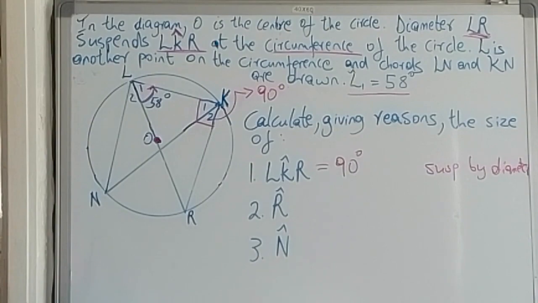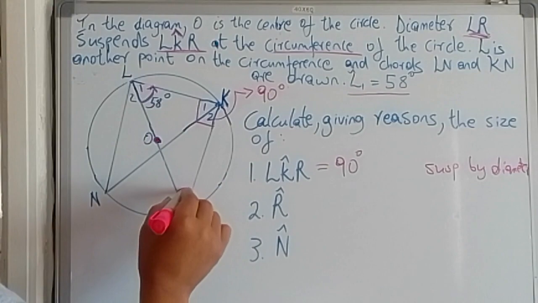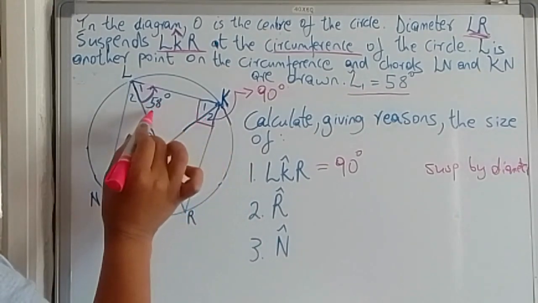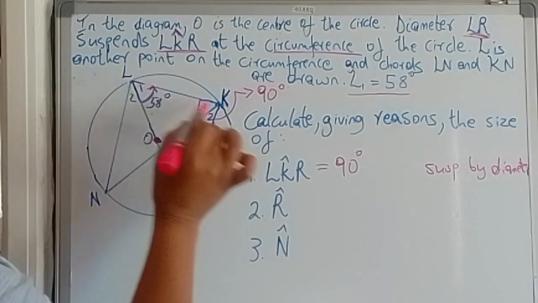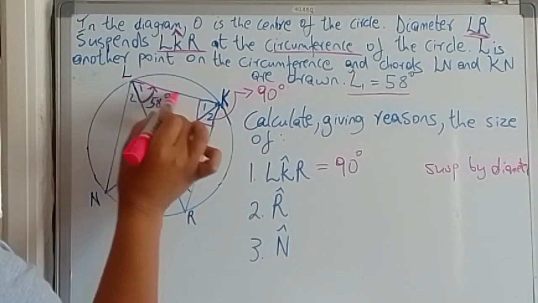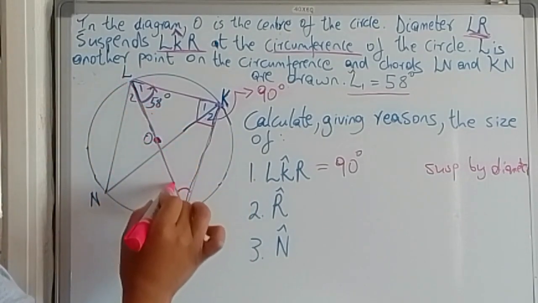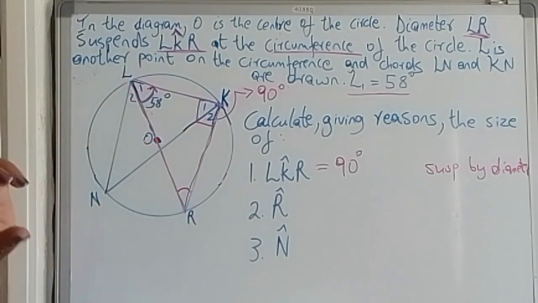And then we are also required to find the size of angle R. Okay, let's check. What do we know? We have 90, we have 58 there. Angle R is in triangle LKR. And we know from previous grades that the sum of angles of a triangle equals 180.